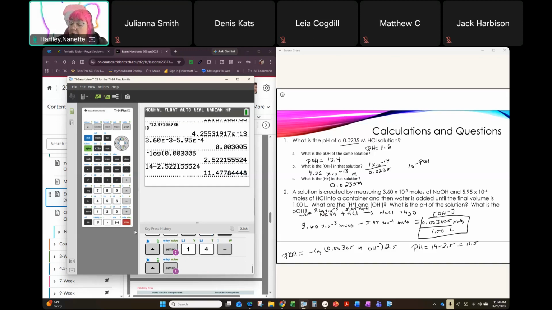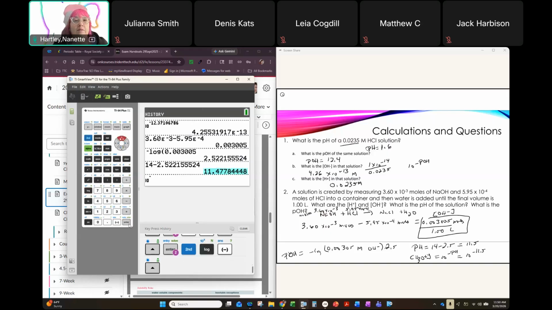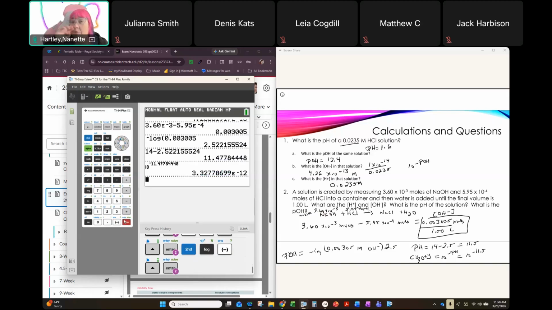And so if I want that H3O plus, I need to take 10 to the negative pH, which is equal to 10 to the negative 11.5. And so I can go second 10x negative. And that gives me 3.33 times 10 to the minus 12.